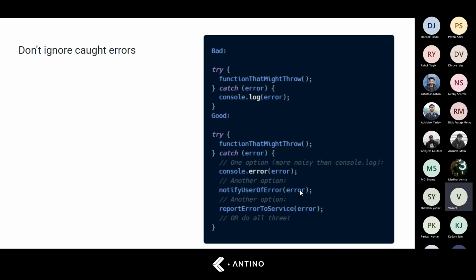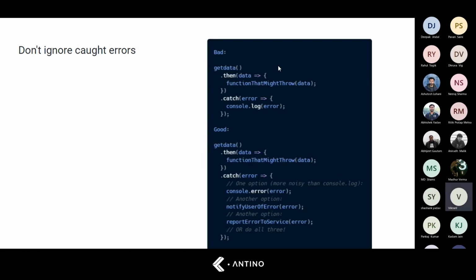Just like we discussed in the last slide, in the catch statement you can make some sort of API call, or just use console.error instead of simply console.log. It will make it look more noisy and it will seek more attention basically.